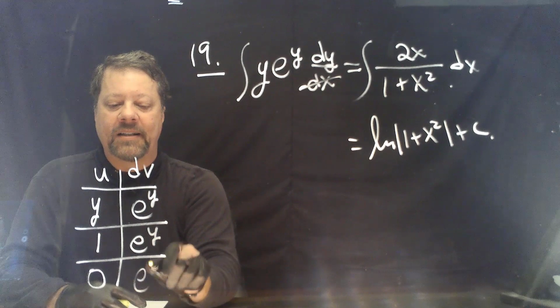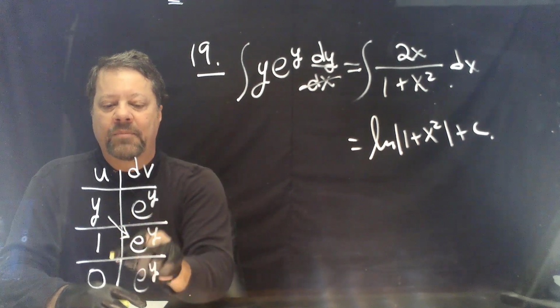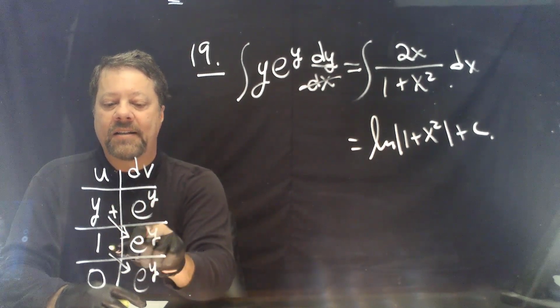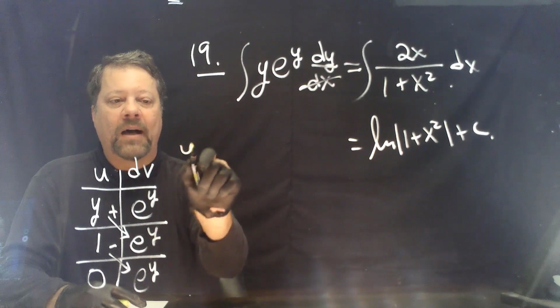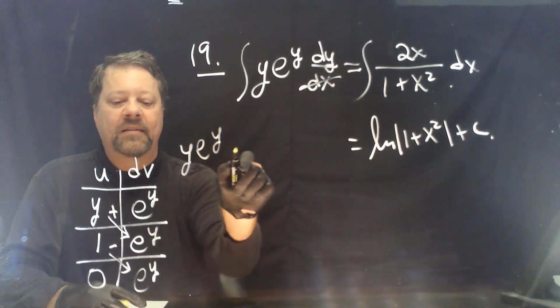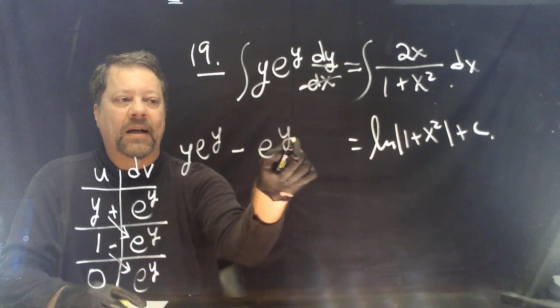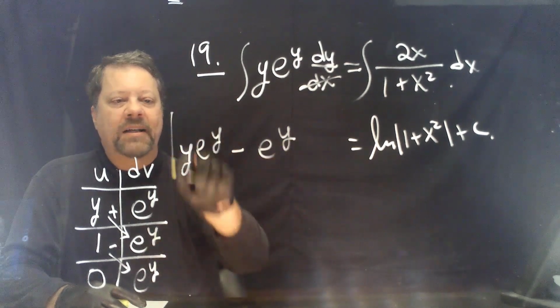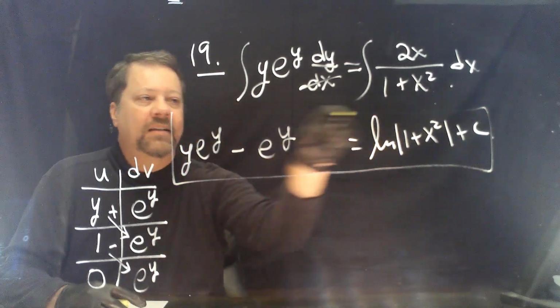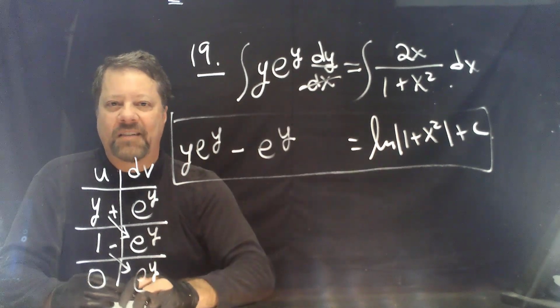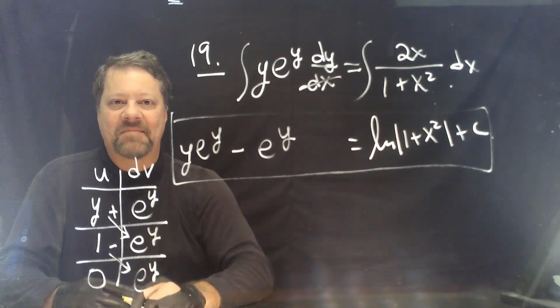Integral of e to the y is e to the y. Multiply down diagonals and alternate signs. We'll have y e to the y minus e to the y. I won't write plus c because I can combine it with the other c on the other side of the equation. And that's that. And now for problem 20.